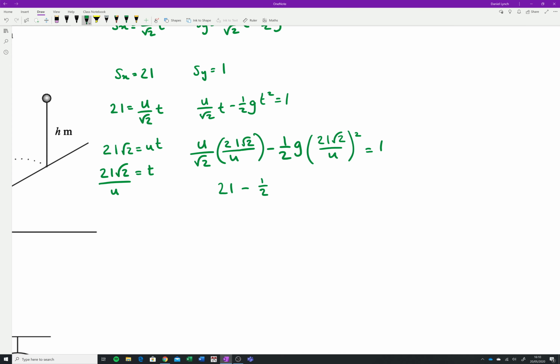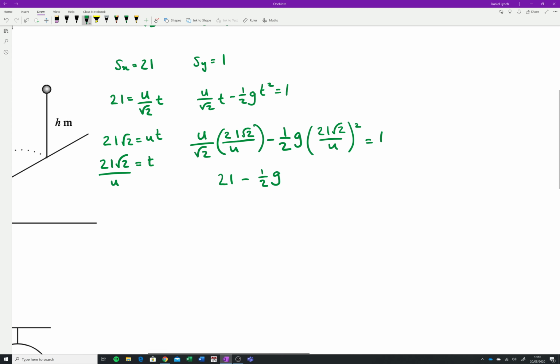Then we have minus a half of g times, okay, let's square this. So you can square the top and square the bottom. When you square the top, 21 squared is 441, and root 2 squared is 2, so 441 by 2, so 882 over u squared.